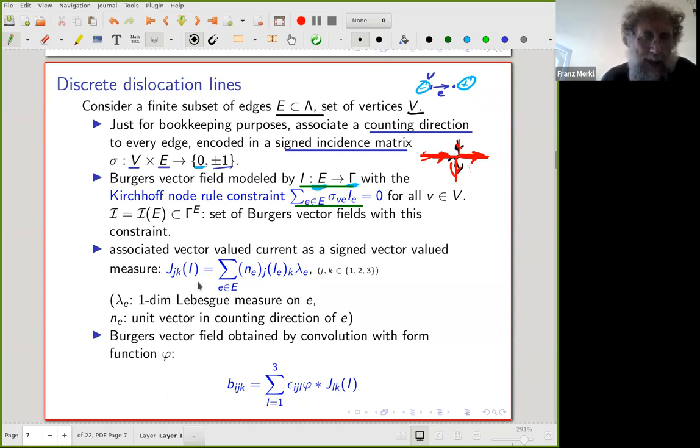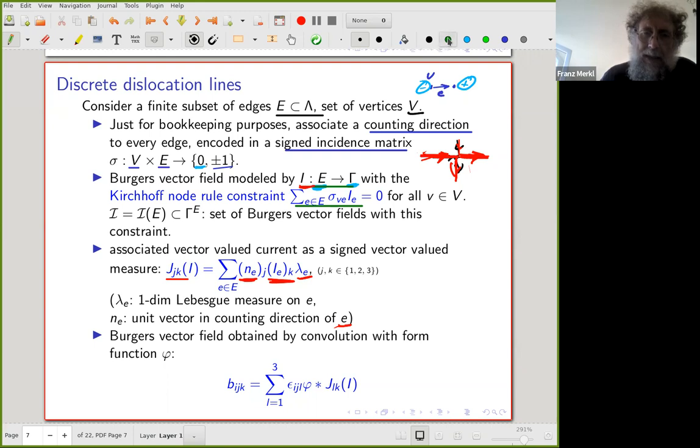So formally, we describe it by this vector valued measure J_k, which takes the direction in which the edge goes in its counting direction, and then lambda_e is just the one-dimensional Lebesgue measure on this line.